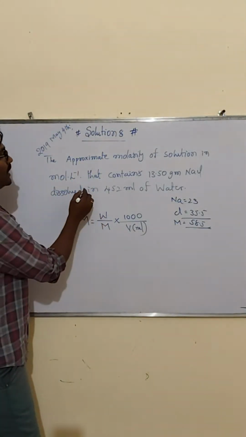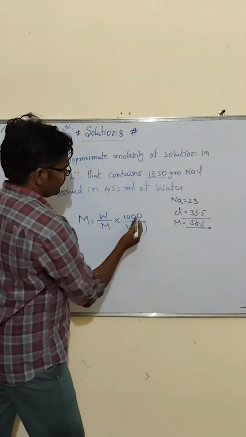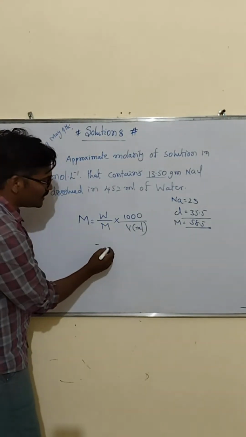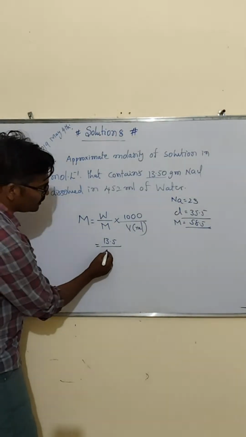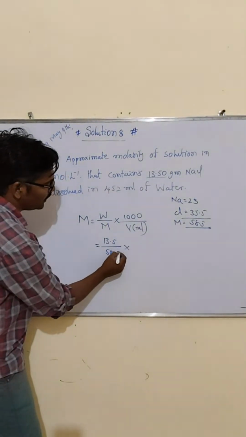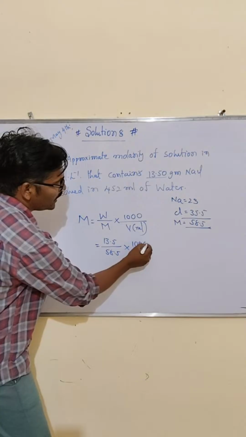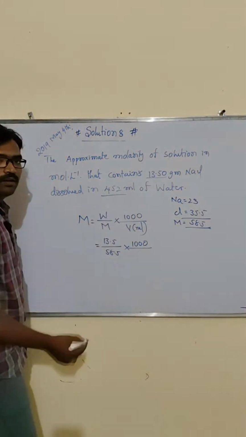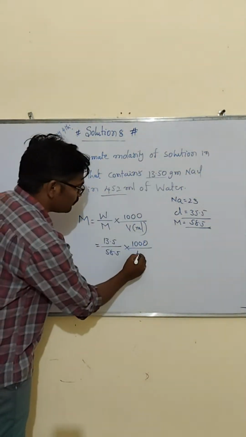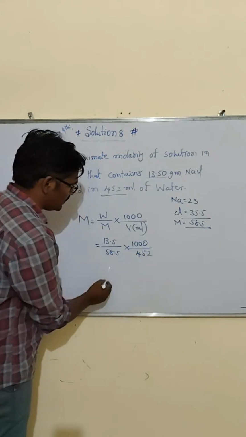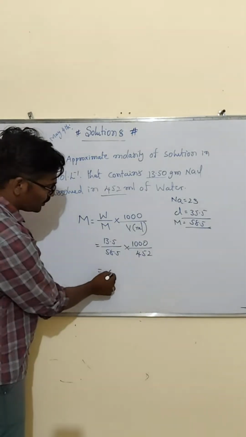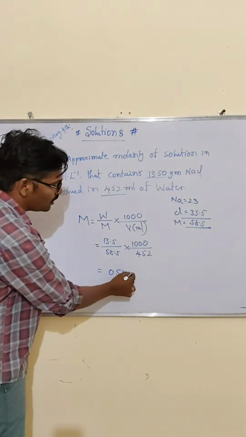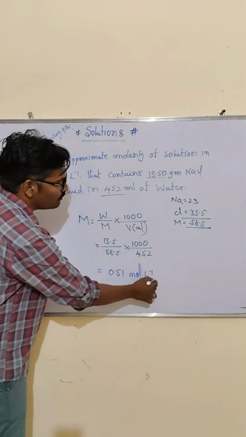Given weight is 13.5, so in place of weight you take 13.5 divided by molecular weight 58.5, into 1000, divided by volume. How much is given? 452 ml. If you use this calculation, you get 0.51 mole liter inverse.